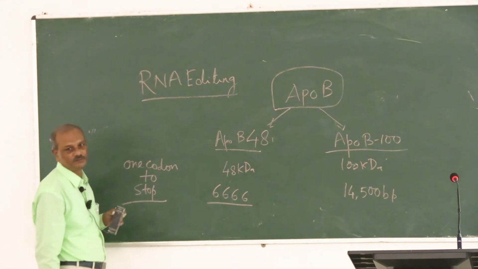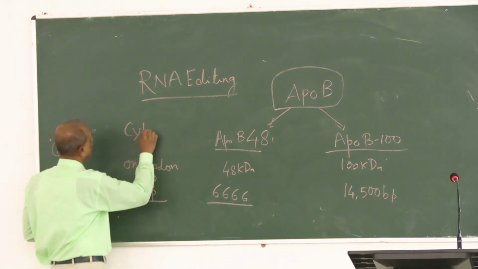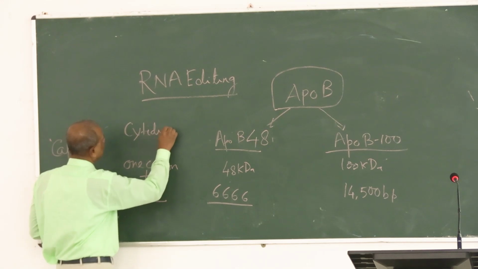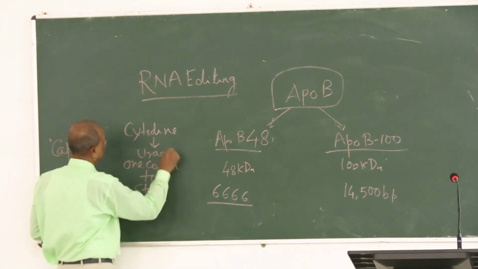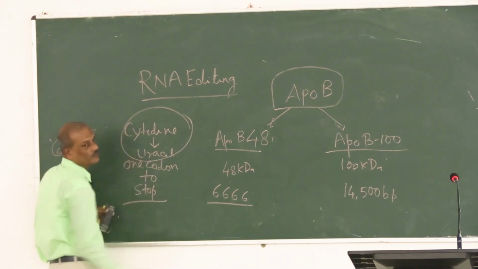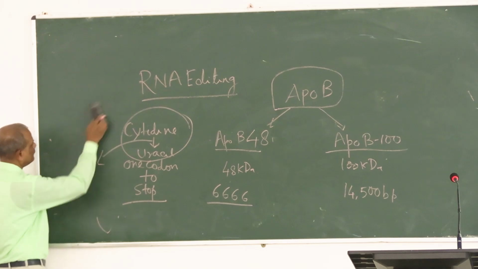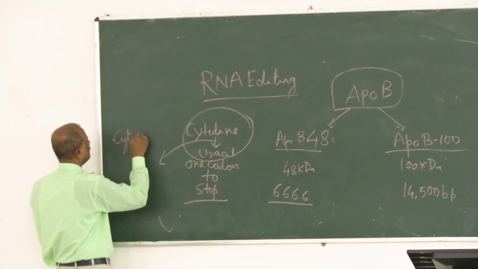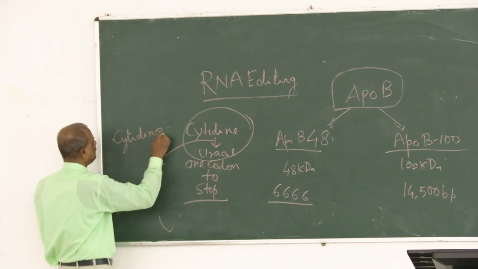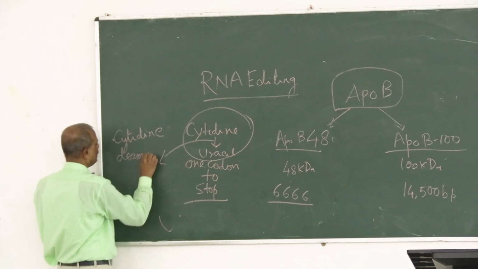through mutation, that is cytidine changing to uracil, through cytidine deaminase.